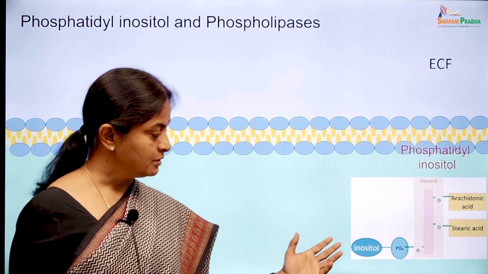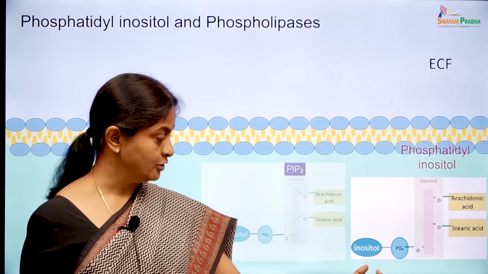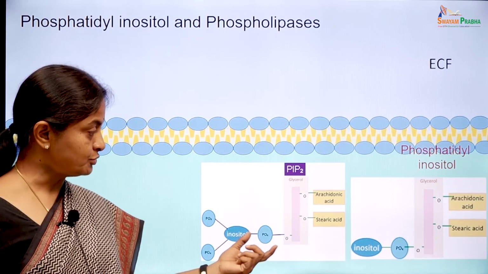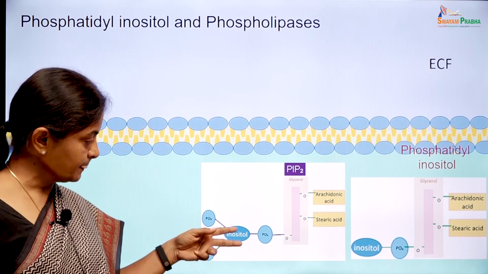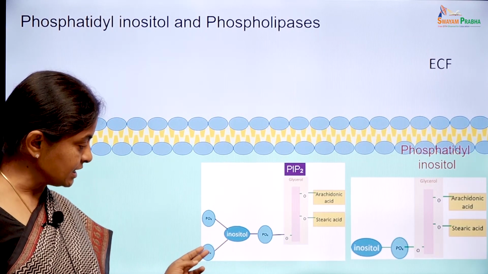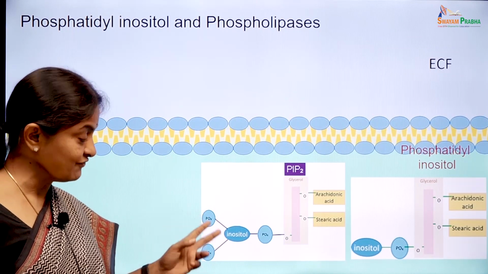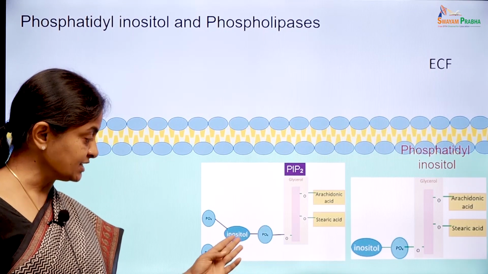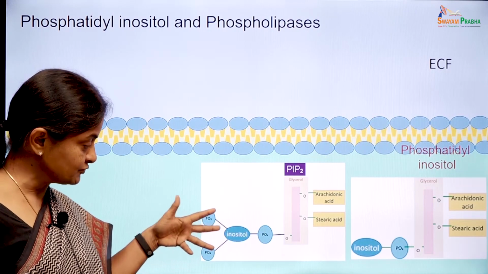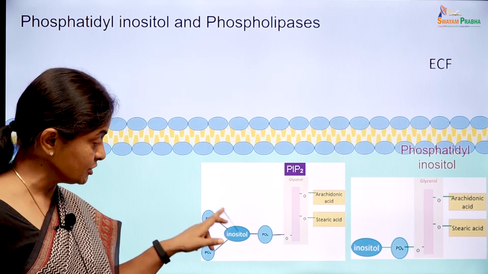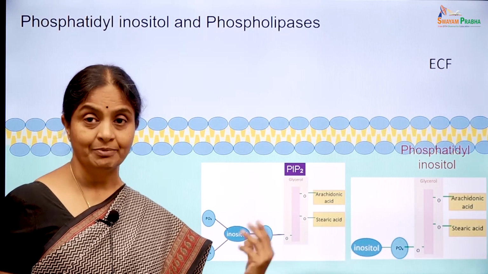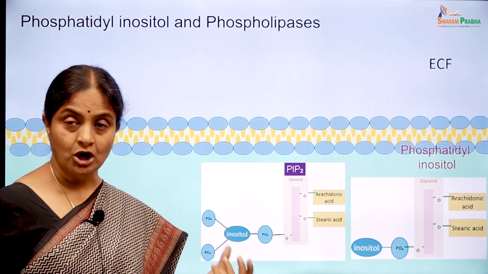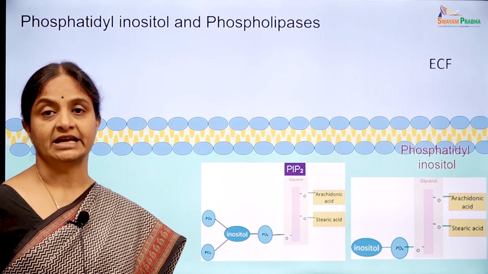Now, in the membrane, you not only find phosphatidylinositol, but also phosphates of phosphatidylinositol. Now, this inositol can take up 1, 2, or 3 phosphates to make up phosphatidylinositol monophosphate, phosphatidylinositol bisphosphate, or phosphatidylinositol triphosphate. This group of compounds is called phosphoinositides.